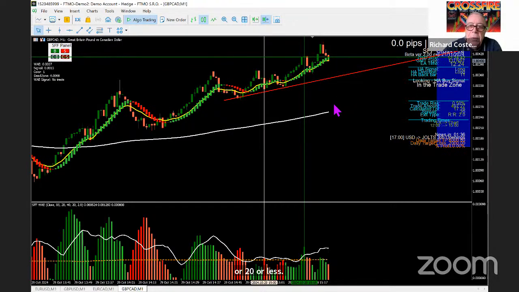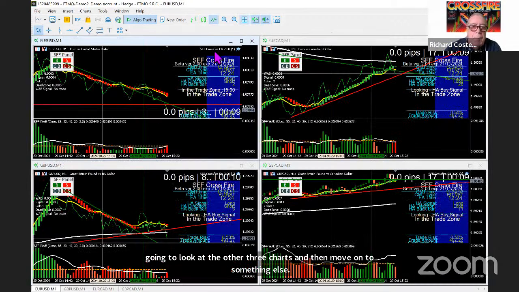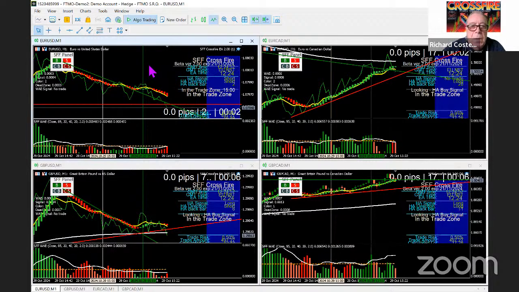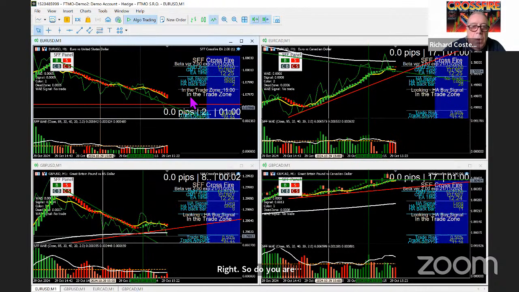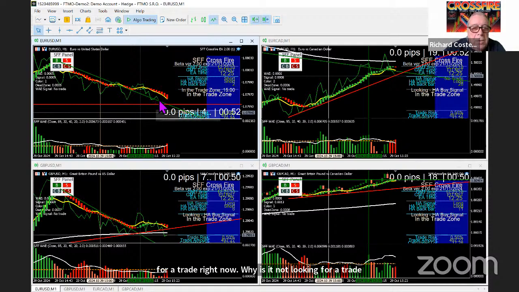I'm going to look at the other 3 charts and then move on to something else. Take that off. Right, so EUR USD, we're in the trading zone, but it's not looking for a trade right now. Why is it not looking for a trade? Because I'm above the green trend line. But it's noticed that the current wave is downwards.